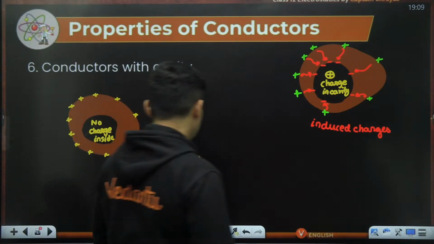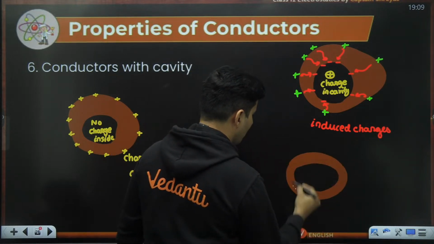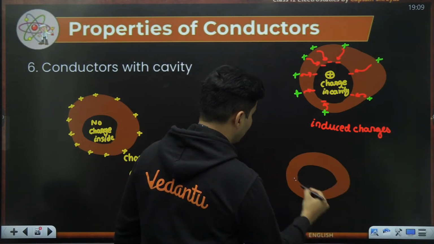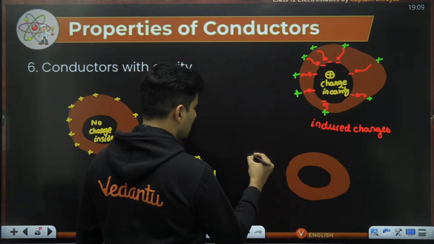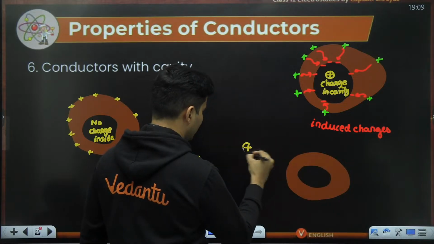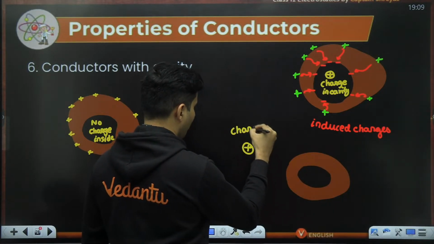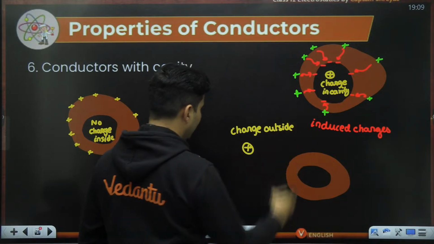What if the charge was outside the cavity? Maybe outside the conductor itself. What if there is a charge over here? What if there is a charge outside the conductor?